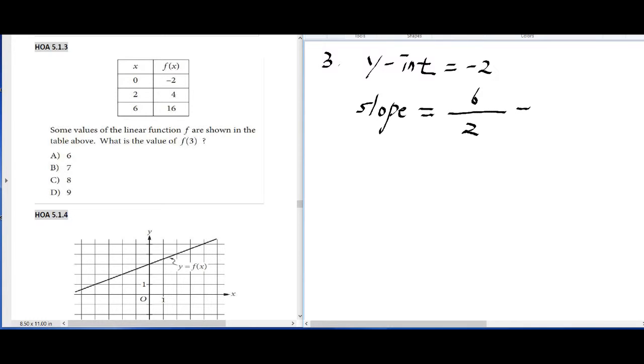So the slope is 3. This function f of x is 3x minus 2, and then you just plug in 3. So 9.